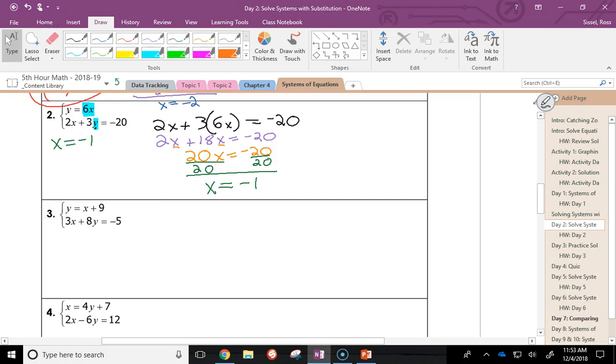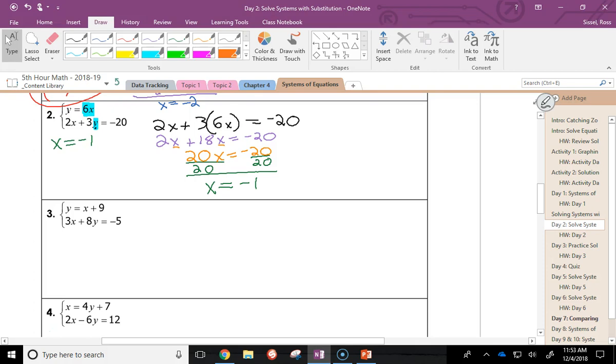Should I do y equals 6x, or should I solve for 2x plus 3y equals negative 20? You're right. I can do either one. It does not matter, because we're finding the solution. Negative 1 does go here. It does go in 2x. I can put negative 1 in there. I can also put it in the first one.